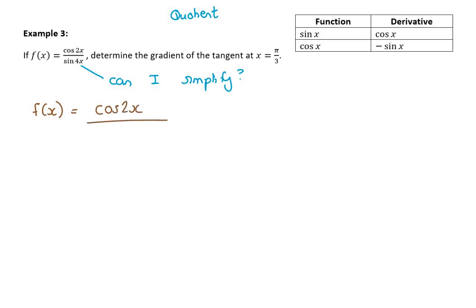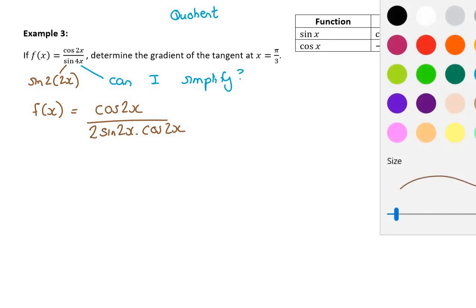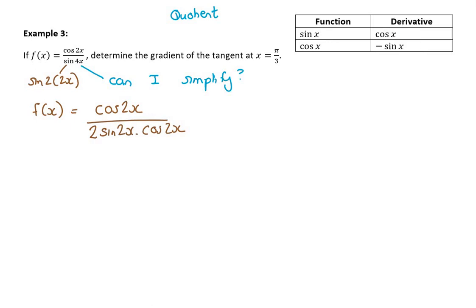So if you think of this sine 4x as sine double 2x, there's the trig identity that says sine twice an angle is equal to 2 sine that angle times cos that angle. Now, I only recognized that because I saw that there was a cos 2x and then there was a sine of double that. Notice I didn't bother changing the cos 2x.